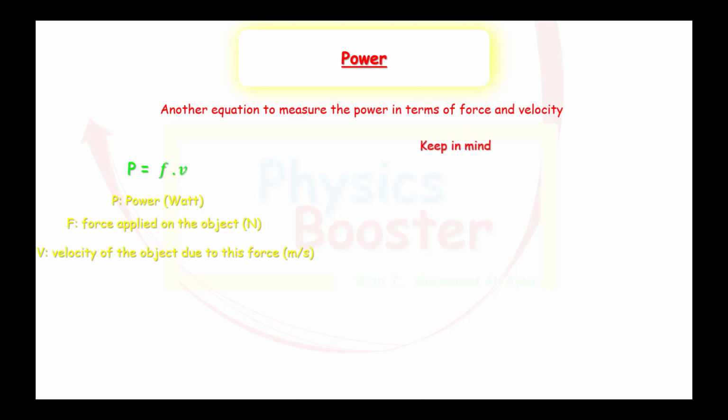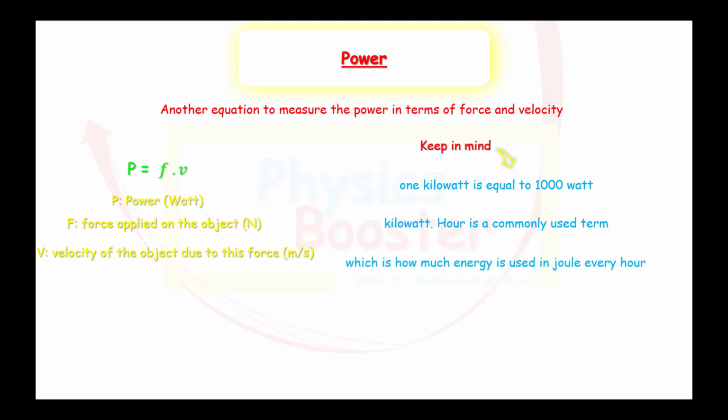Okay? Now, we must always keep in mind that we can use prefixes such as kilo, and kilo is very much used with watt. So 1 kilowatt is equal to 1,000 watts. Also, kilowatt hour is a commonly used term. So what does it mean? Well, it is how much energy is used by a certain device or a certain object every hour.